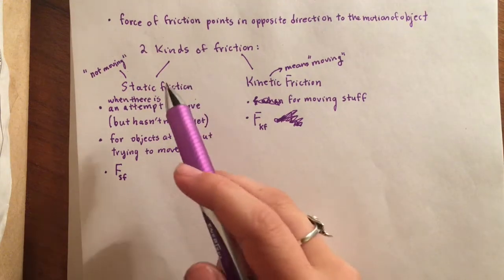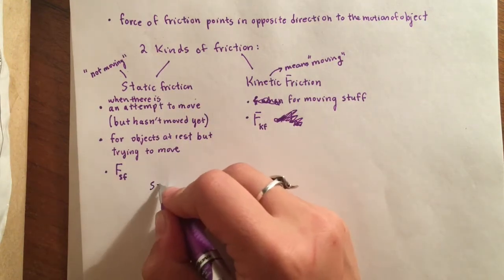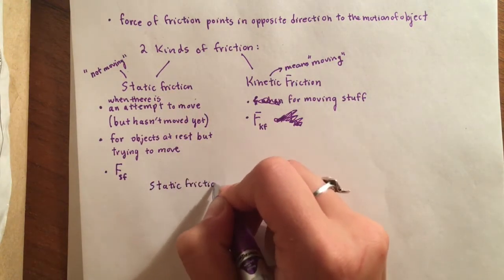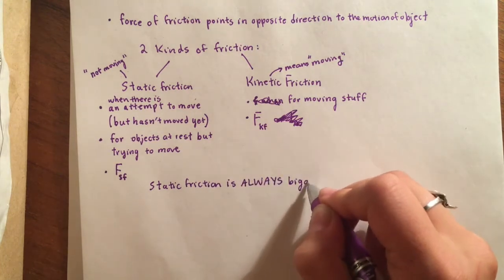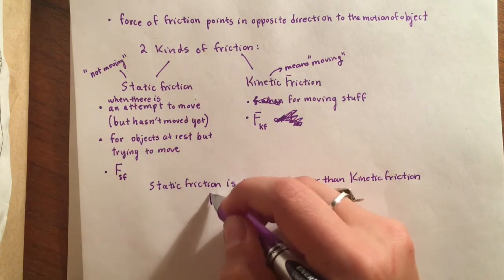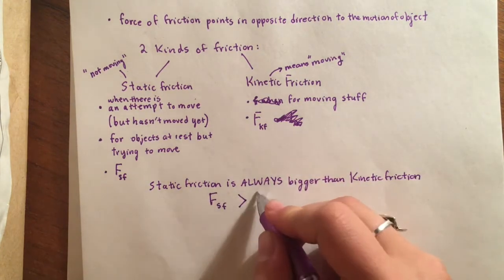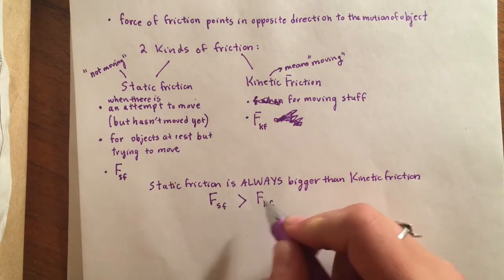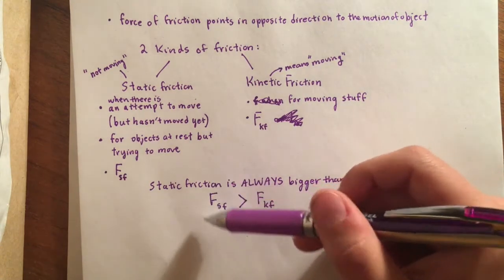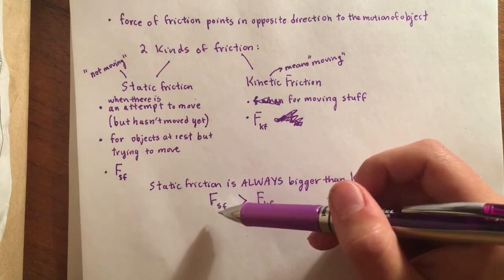Now, the most important thing to note about static and kinetic friction is that static friction is always bigger than kinetic friction. The force of static friction is always greater than the force of kinetic friction for the same object. When the object is not moving, but it's trying to move, it feels the force of static friction.